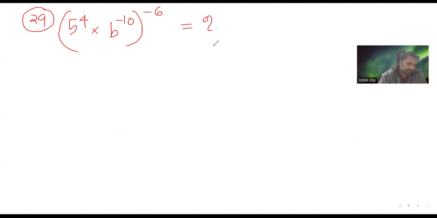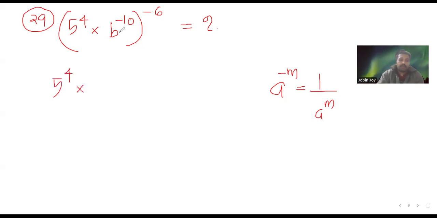Okay. So again, I will write this one: a raised to minus m is equal to 1 by a raised to m. So 5 raised to 4 into b raised to minus 10 is equal to 1 by b raised to 10, the whole raised to minus 6.